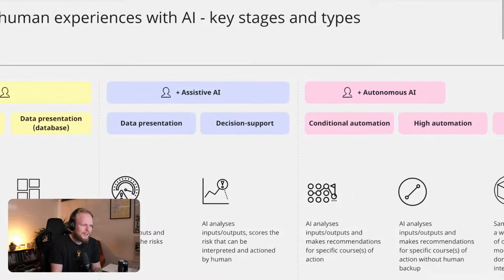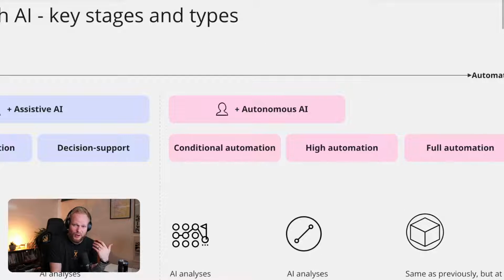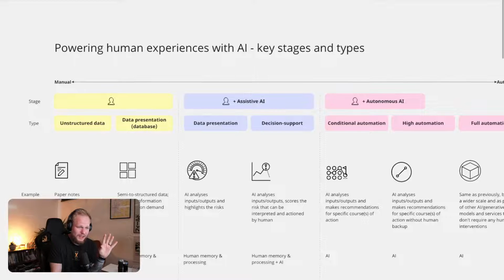Then we're reaching into a more assistive realm, where you have the human using assistive AI. And the last one is autonomous AI, which makes decisions on its own. It's not just assisting humans in decision making. It's actually making the decisions itself and maybe having a little bit of a fallback to a management user role. So these are the three bands.